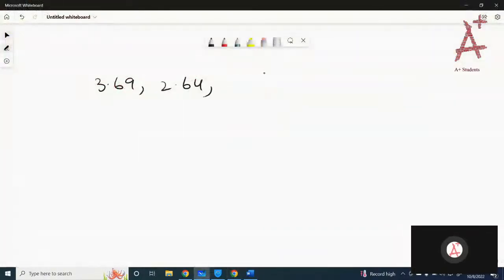So which is the smallest one? When you compare their whole numbers, 3 is greater. So these two are on the same level using their whole numbers. Now just look at their digit that is at the tenths position. So here you have 6 and here you have 7.